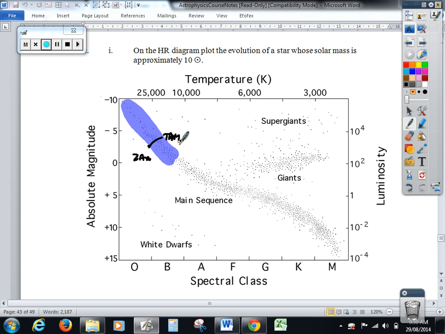That's it. So as we leave here, we'll move over to this point here. We can go all the way across, but let's just be considered. Once again, the majority of its life is on the main sequence. This last bit is going to be extraordinarily quick.